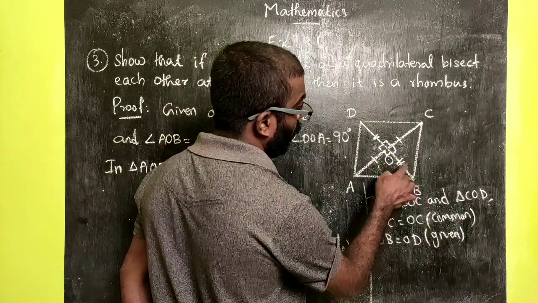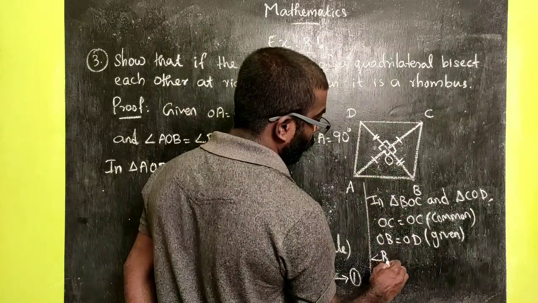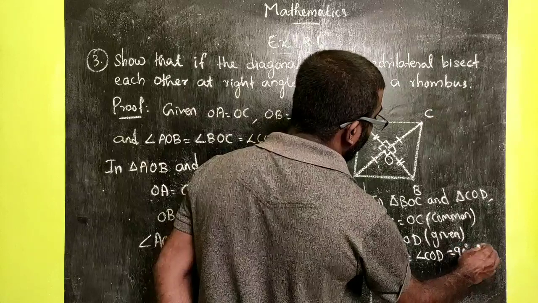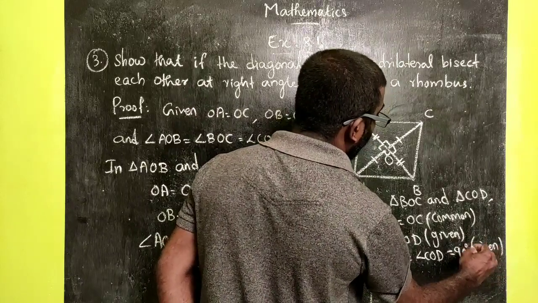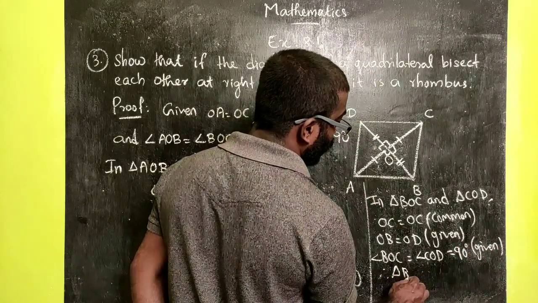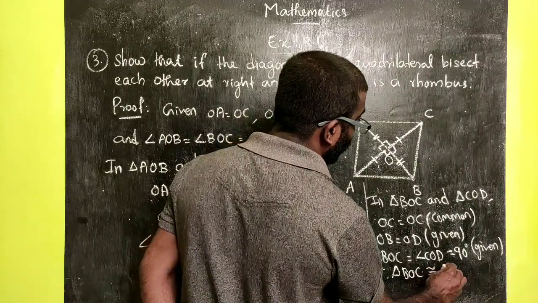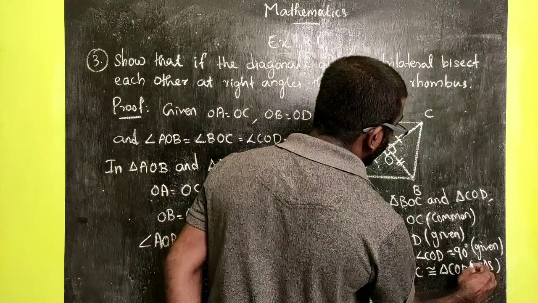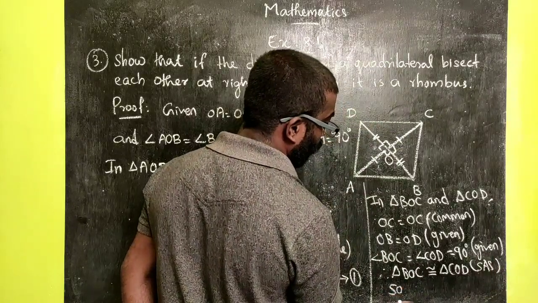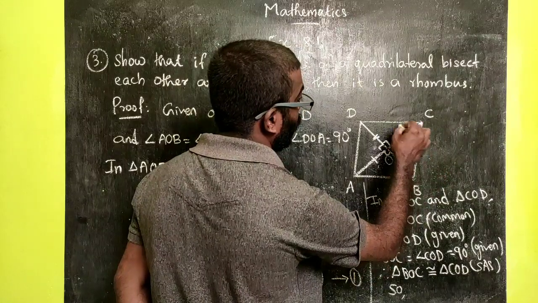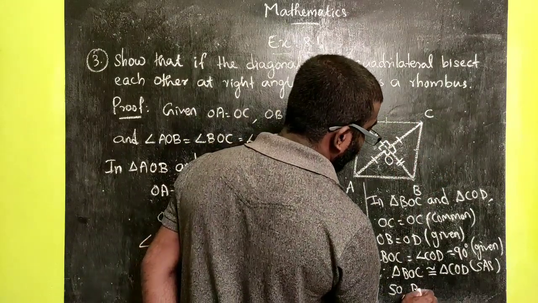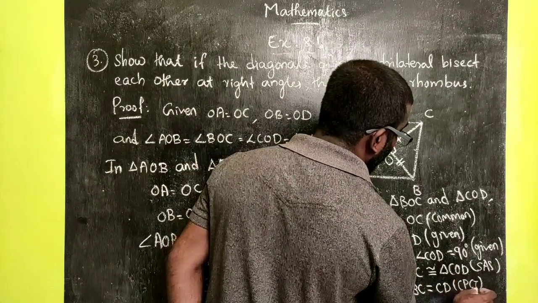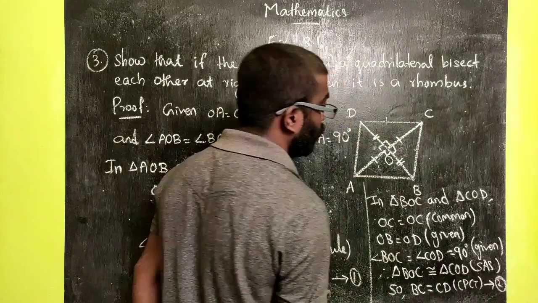Then angle BOC equal to angle COD, each 90 degrees. It's also given. Therefore, triangle BOC is congruent to triangle COD by SAS congruence rule. So by CPCT, BC equal to CD. We can take it as equation number 2.